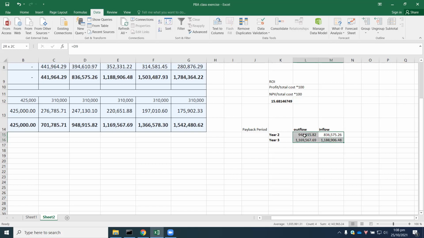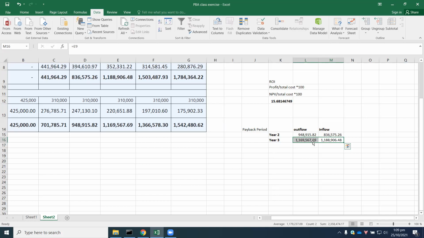Now these are not the values we are worried about, but we're more worried about the values that you have for year 3. So if you look at the values for your inflow, it exceeds the outflow. That means somewhere in between year 2 and year 3, this is where you get a break-even point for the system that the organization has just implemented.